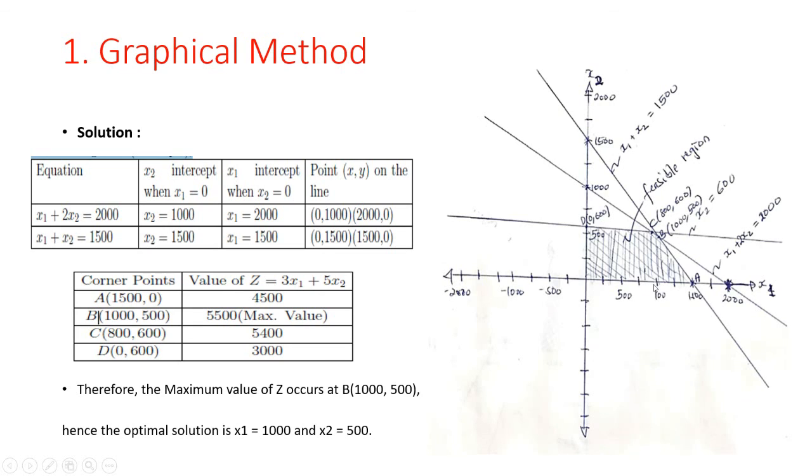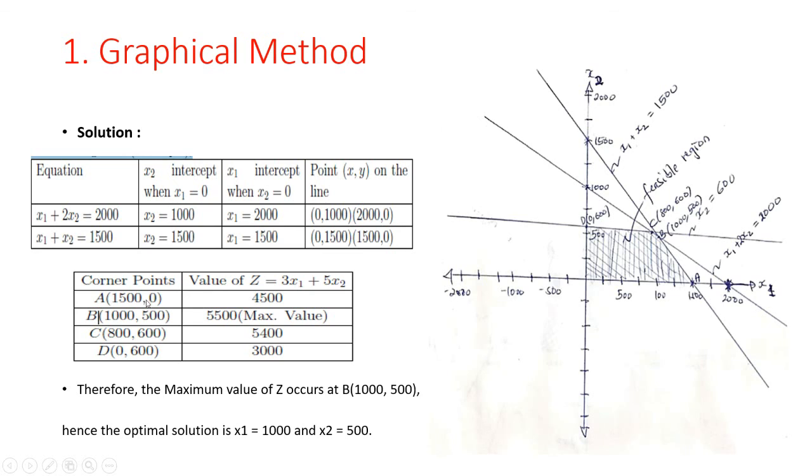So x-axis is 800 and y-axis is 600, above the 500 only. So the corner point for C is 800 comma 600. Similarly for D, x1 is 0 and x2 is 600. So this is our feasible region.